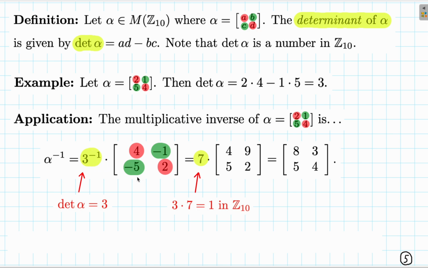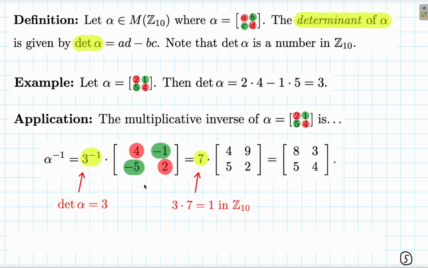And then we have this matrix, which is not the original alpha. What we did here, as you saw in the classwork, is we swapped the entries in the main diagonal. So we swapped the 2 and the 4 and made it 4 and 2. And then we negated the other diagonal. So instead of 1 and 5, they become -1, -5. Okay, so we take the multiplicative inverse of the determinant, and then we do the swap and negate.